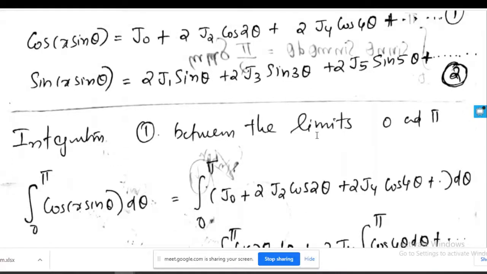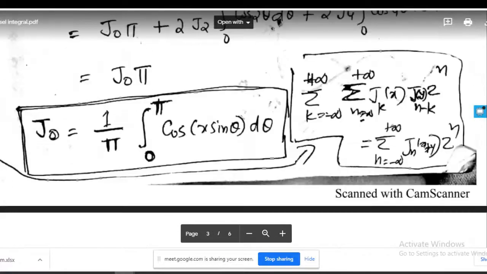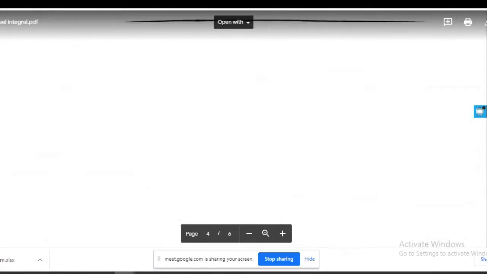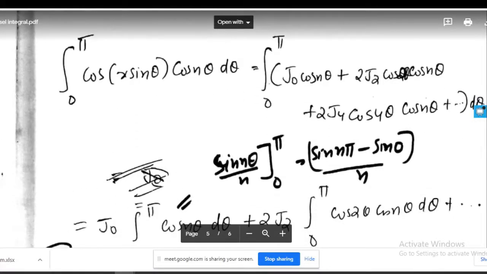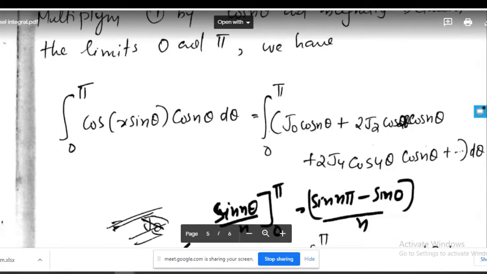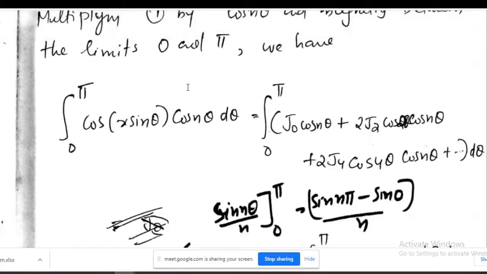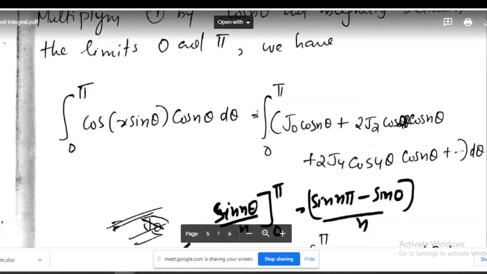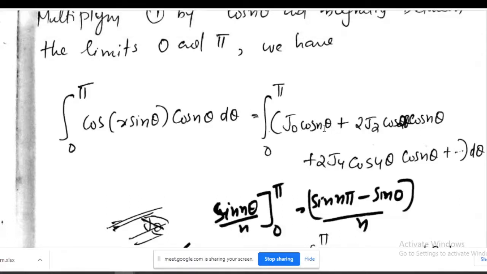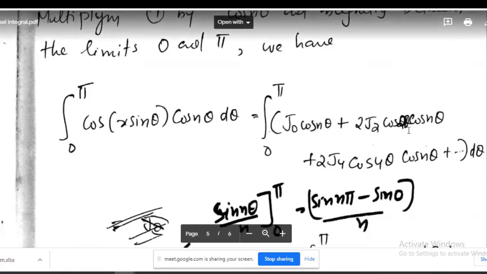So you will get integral 0 to pi cos(x sin theta) cos n theta. We are multiplying each term by cos n theta. So you have J0 cos n theta plus 2J2 cos 2 theta cos n theta plus 2J4 cos 4 theta cos n theta, because for cos(x sin theta), you have even Bessel function values.